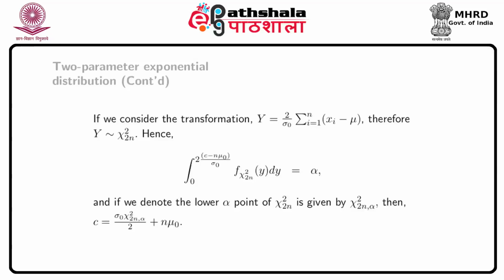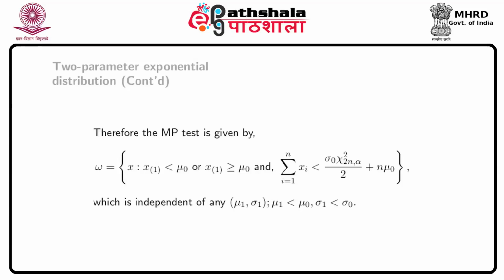Hence, the above integral can be written as the integral from 0 to 2(c minus n mu naught) divided by sigma naught of f of chi square 2n, y dy is equal to alpha, where f denotes the chi square PDF with twice n degrees of freedom. And next, if we denote the lower alpha point of chi square 2n by chi square twice n alpha, then c is equal to sigma naught chi square twice n comma alpha divided by 2 plus n mu naught.